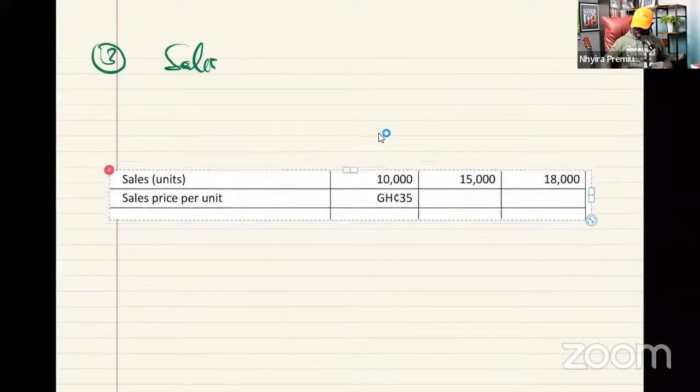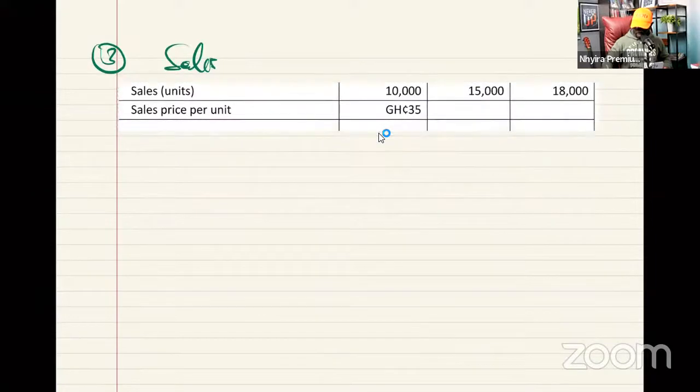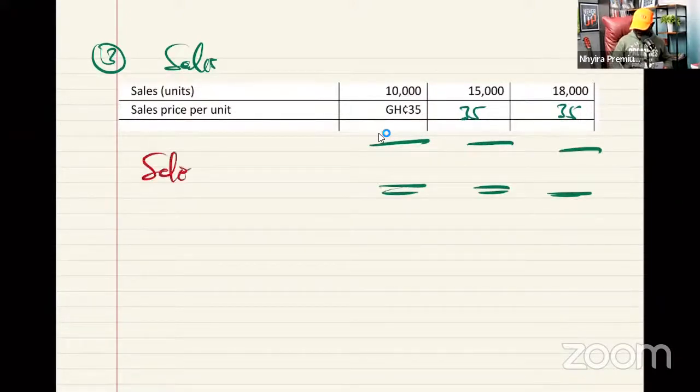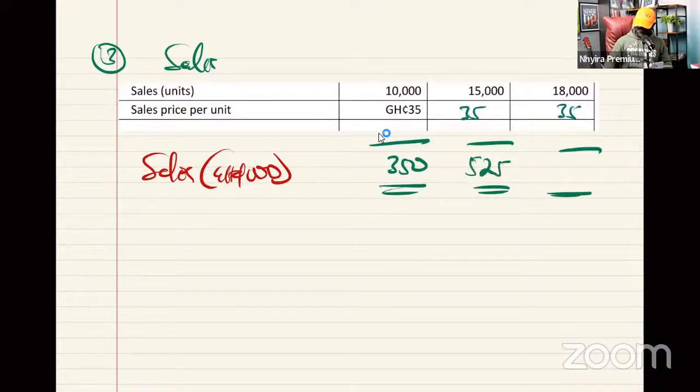There we go. So we can multiply up. It's 35 throughout. Remember, we're going to work 3 zeros in brackets. So we can just punch without the 3 zeros. 10 by 35 is 350. 15 by 35 will be 525. 18 by 35 will be 630.